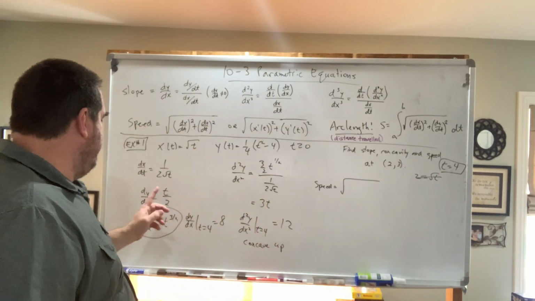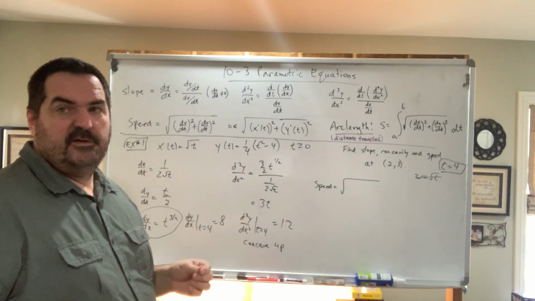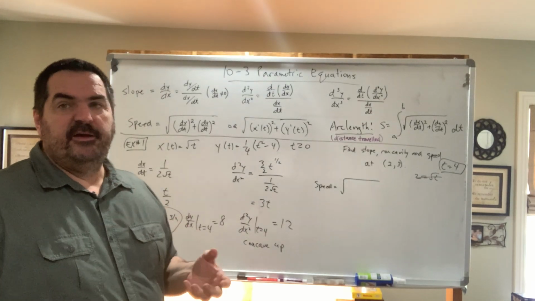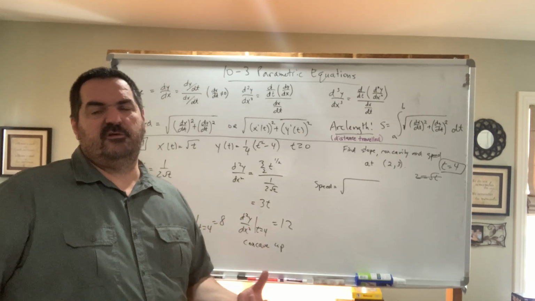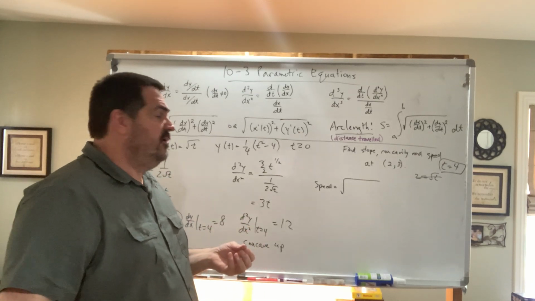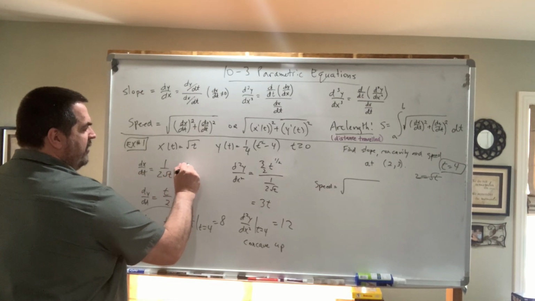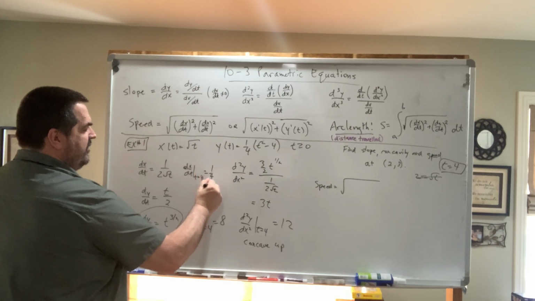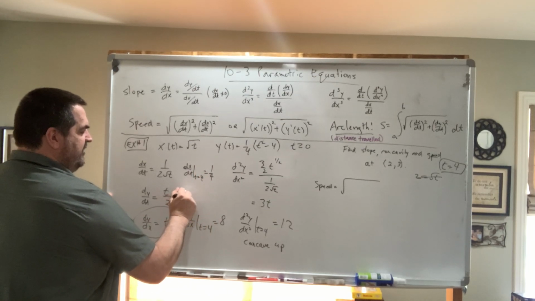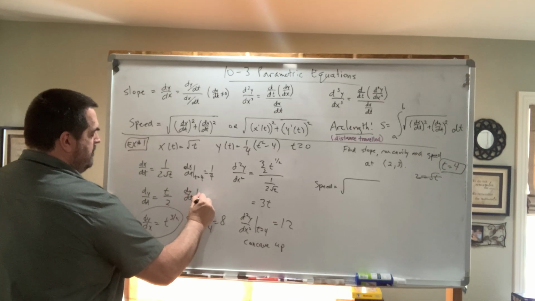So if I square dx/dt, I get 1 over 4t. But what I want to do is find dx/dt at 4. So if I find this at 4, I get 1/4. If I find dy/dt at 4, I get 2.